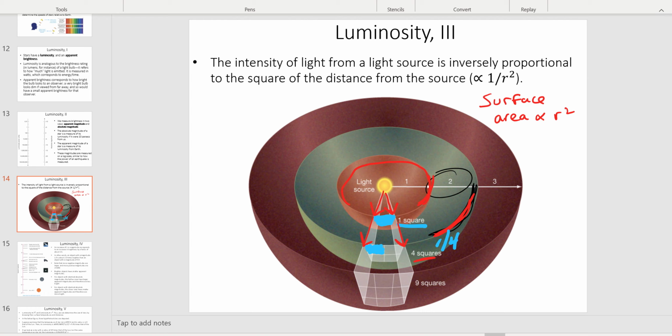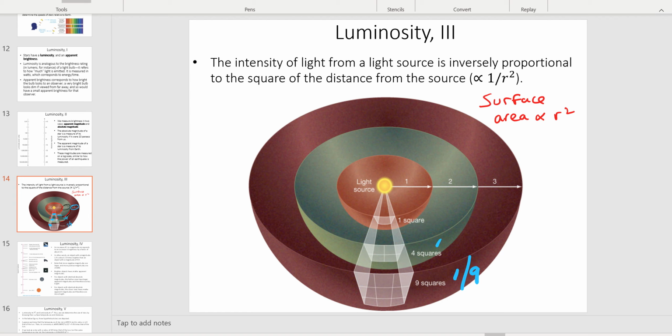And then ditto for this third one here. This is a distance of 3 away, so therefore the area increases by 9. So we're getting 1/9 of the light. So that's why a star that's very far away will look very dim. And this actually is an example of an inverse square law, because the amount of light that you're getting from the star decreases as 1 over r squared.